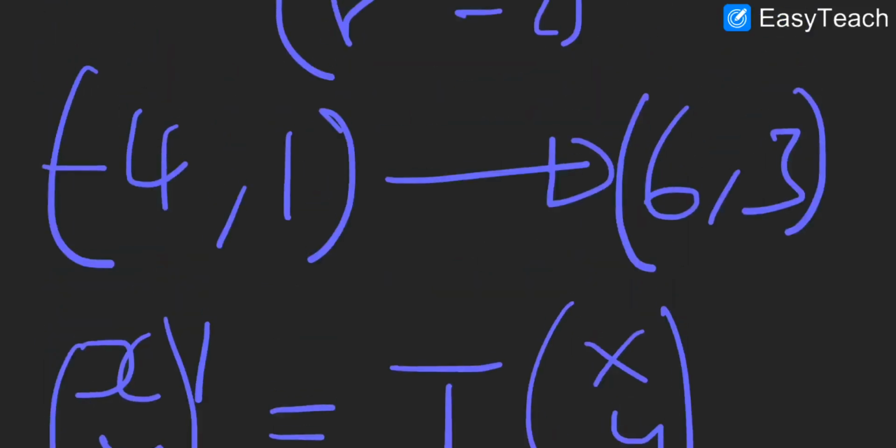But according to our question, this point negative 4, 1 was mapped to this other point. That means this one is the point and this one, 6, 3, is the image.